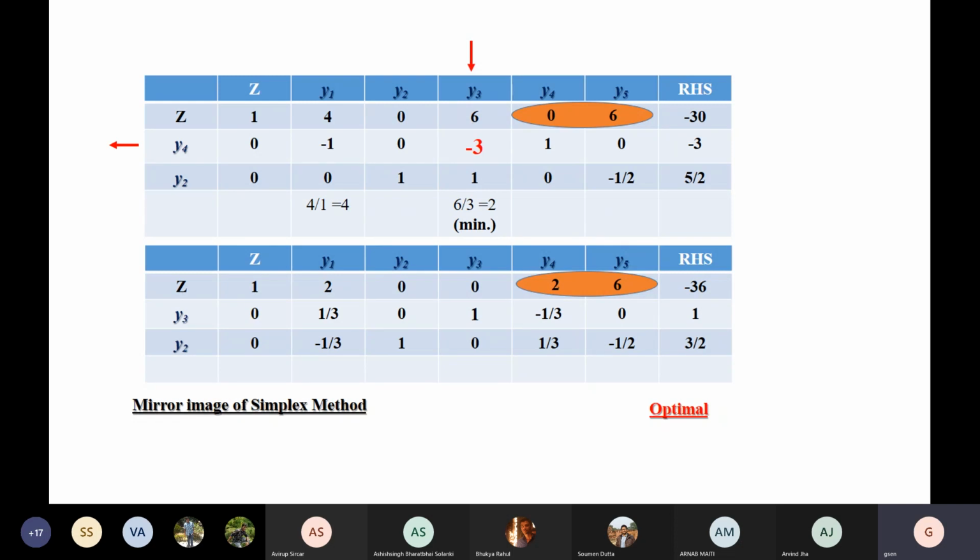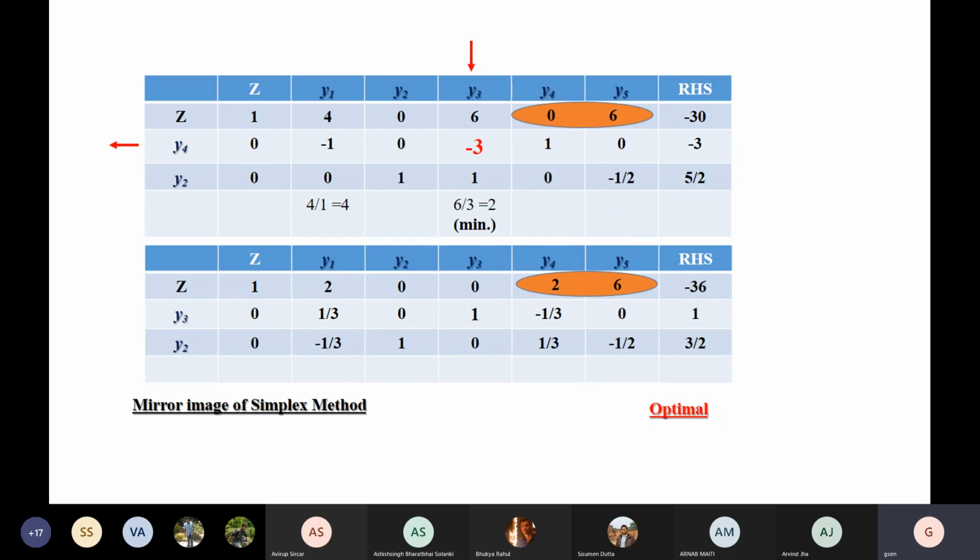So we again iterate. The idea is you start with an infeasible solution and you try to achieve feasibility and then optimality. Earlier we did it through phase 1 of the two-phase method, where we introduced artificial variables and tried to obtain a feasible solution at the end of it.